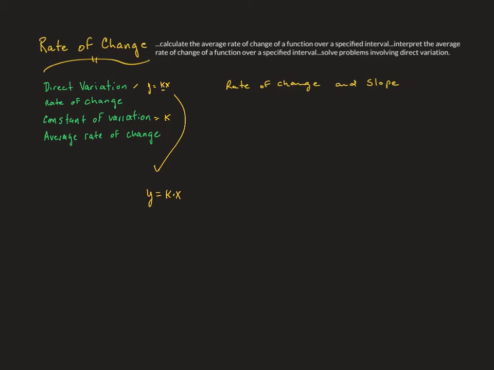But if I were to solve for my constant of variation, which is k, I would isolate that by dividing both sides by x. And that would be k is now equal to y over x. So that is a quotient of my dependent and independent variables. So that's how you can see multiplication and division.